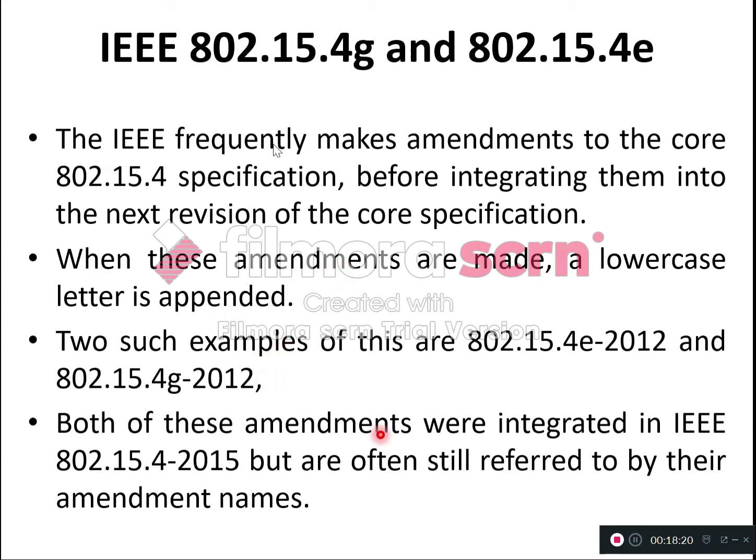Two such examples are 802.15.4e, which is a 2012 version, and g, which is also a 2012 version. Both of these amendments were integrated into IEEE 802.15.4, the 2015 version, but are often still referred to by their amendment names only.